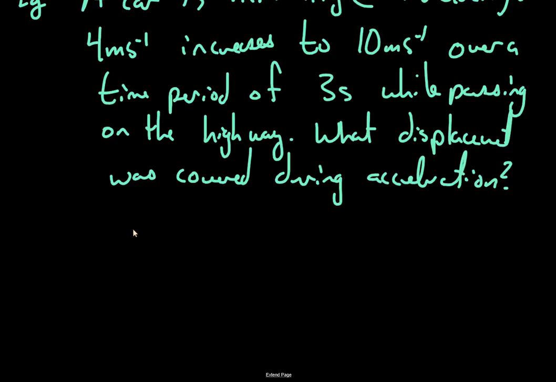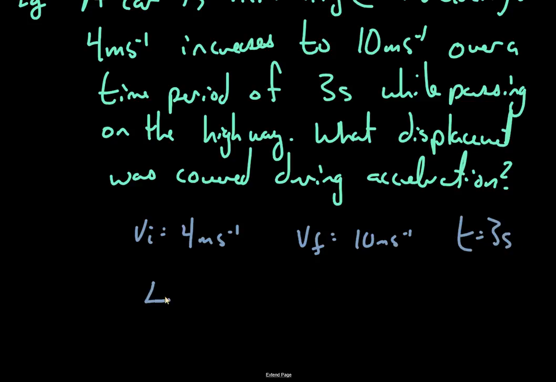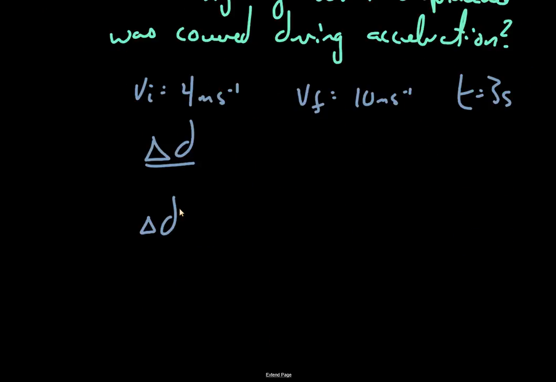So let's write what we have. Vi, initial velocity, is 4 meters per second. Vf, final velocity, is 10 meters per second. The time that it takes to pass is 3 seconds. How much distance, or displacement, was covered? So straight up, use the formula as presented to you: Vf plus Vi, divide by 2, times 3 seconds.